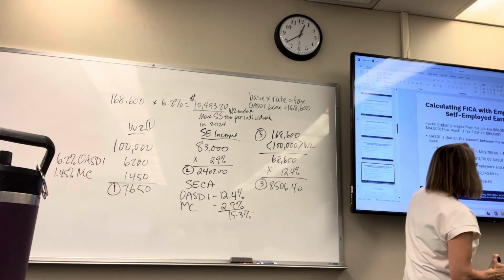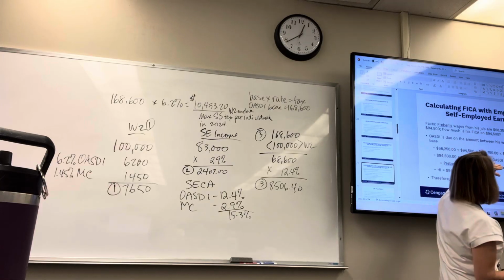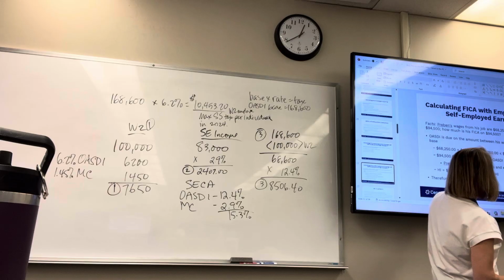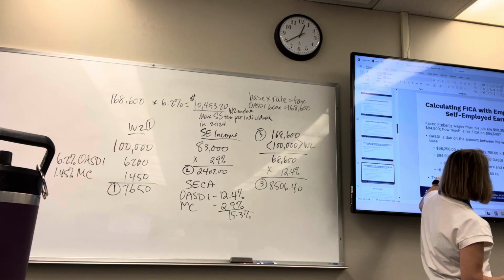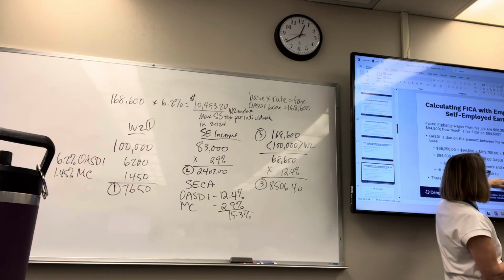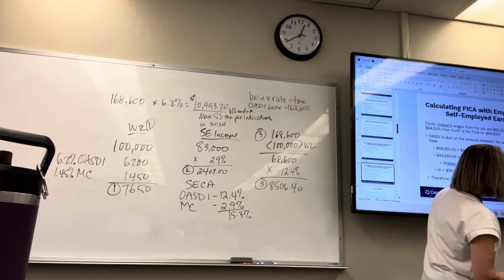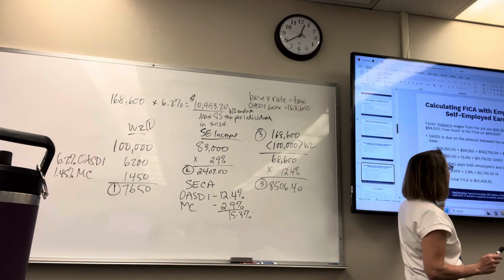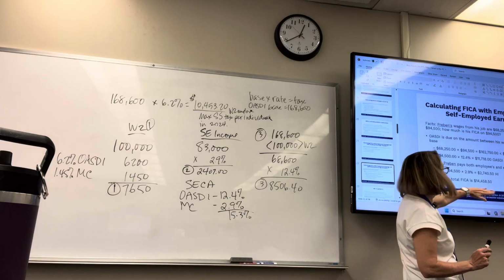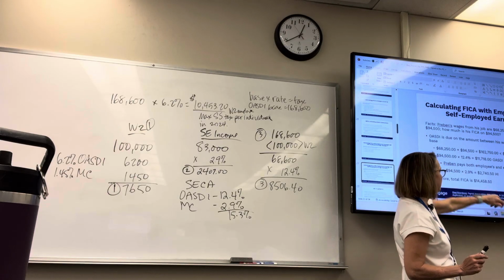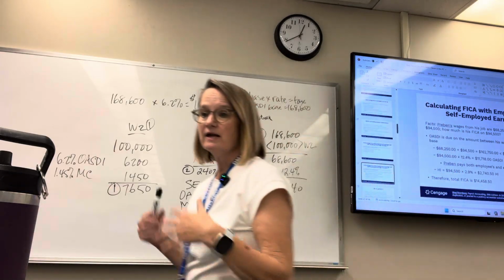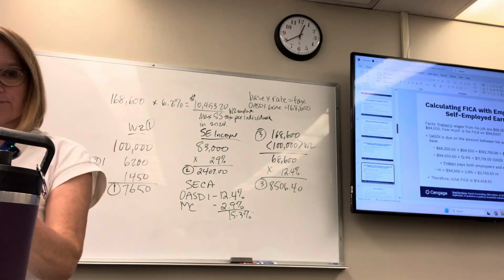So 94.5 times 12.4, he's going to pay $11,718 in Social Security tax. And then he's got to pay the Medicare tax as well, $94,500 times 2.9%, $2,740.50. So his Social Security and Medicare tax on that additional $94,500 is $14,458.50. So he's going to have to pay that separately himself.